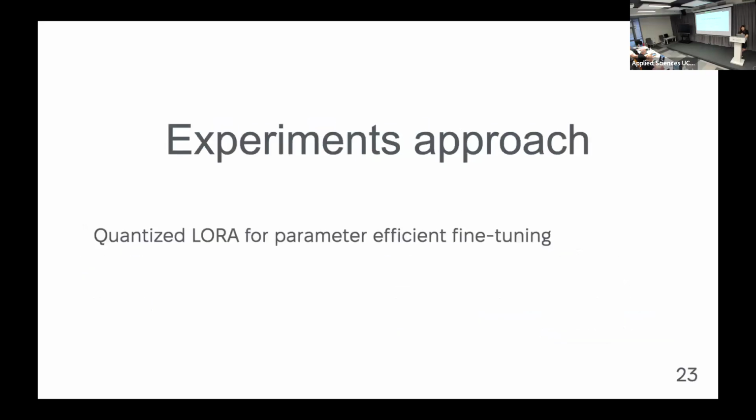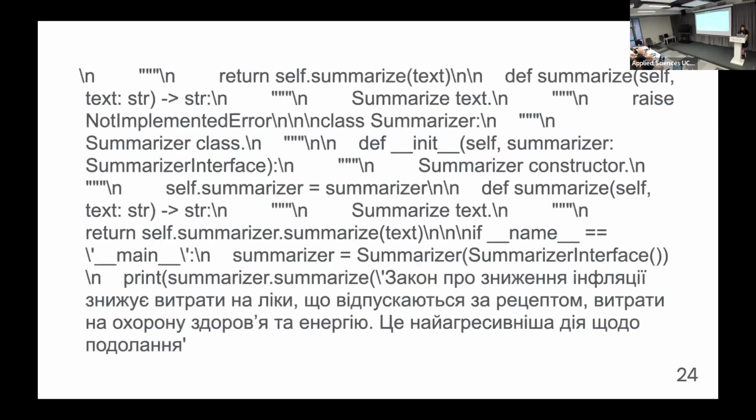The experiments approach was to fine-tune the large language model with the quantized LoRA approach for parameter efficient fine-tuning. This is an example of one of the first experiments, and it clarifies why there was nothing described in the thesis regarding this.